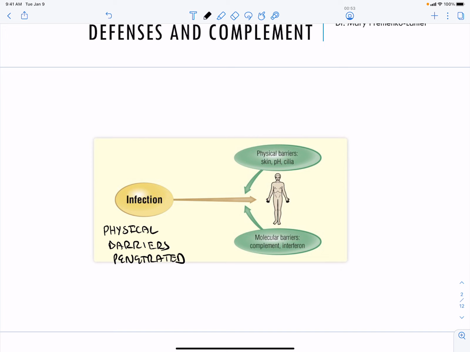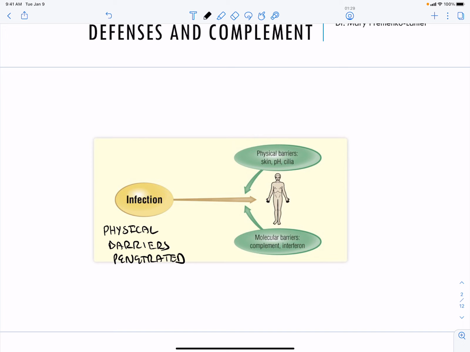Your physical barriers, such as your skin, your pH, cilia in your respiratory tract, etc., pH in your stomach, those do a good job of keeping things out, but if they get past, then you can get an infection. Next up, after the pathogen gets through those physical barriers, are going to be molecular barriers. And molecular barriers are going to be some constitutive proteins that are present and can function immediately when a pathogen does break those physical barriers.